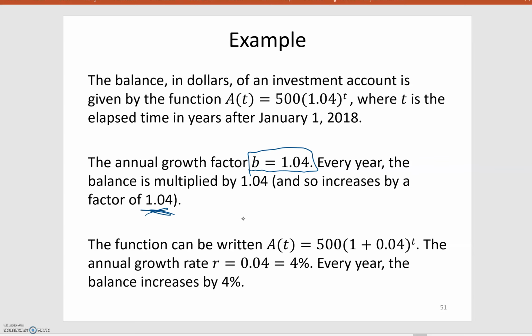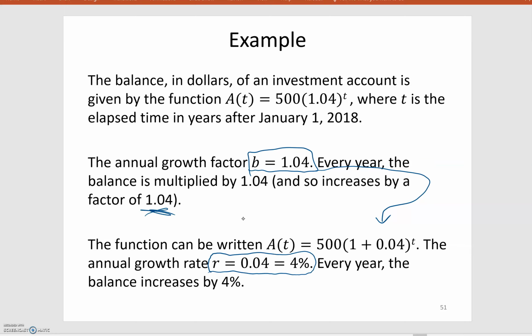What is the growth rate? Well, if we split this 1.04 up like so, that's still b, but now I'm writing b in the form 1 plus r. So I just separate the 1 from the decimal portion of it. Then that 0.04 is my annual growth rate, which in percent form is 4%.